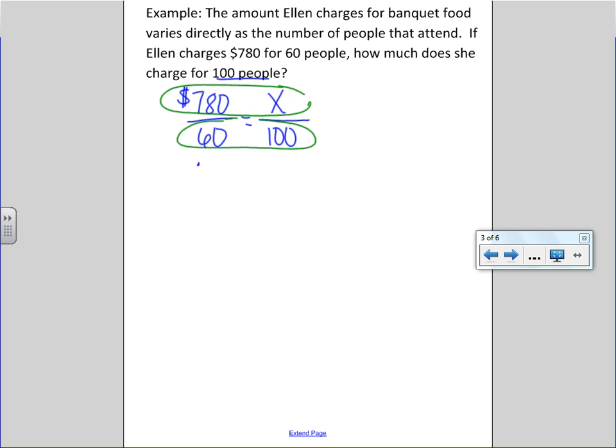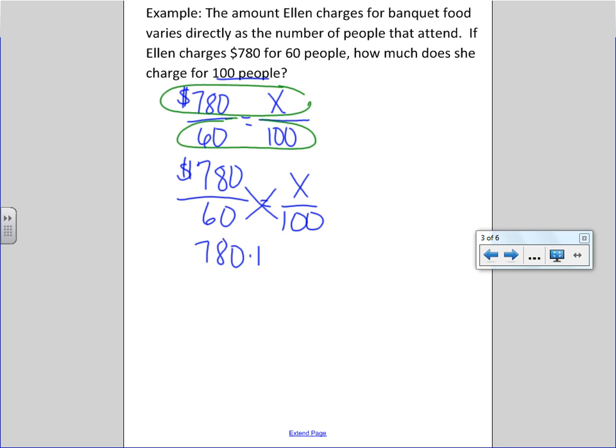So our proportion is that 780 over 60 equals x over 100. To solve a proportion, I hope you remember we do the cross product. So cross product means that I'm taking 780 times 100 equals 60 times x. 780 times 100 is going to be 78,000 equals 60 times x.